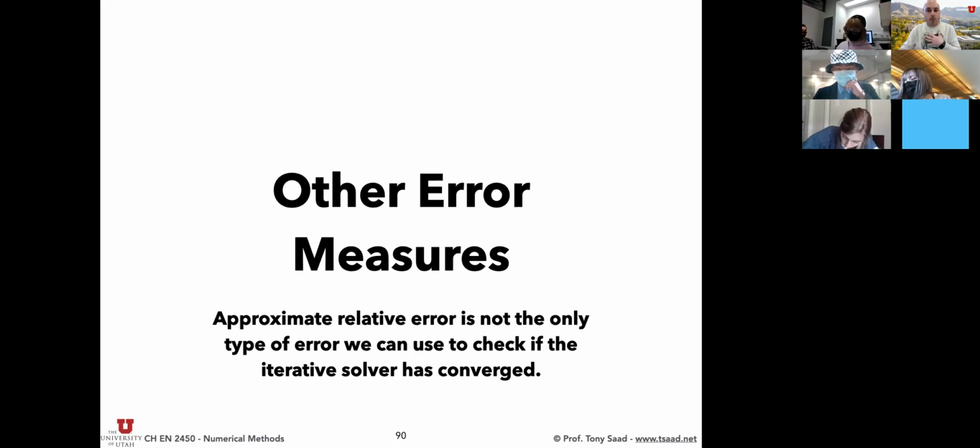And that is typically the one I personally like, because that tells me how well this subroutine is going to do for a given problem. Because once the iterates cannot change anymore, that's the best the algorithm is going to do. Okay, but there are other measures as well that you can use to calculate the error.